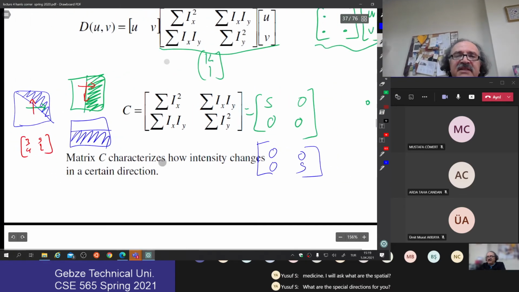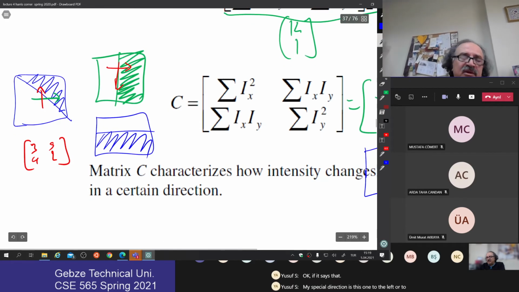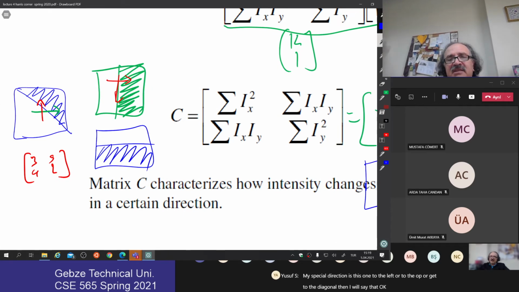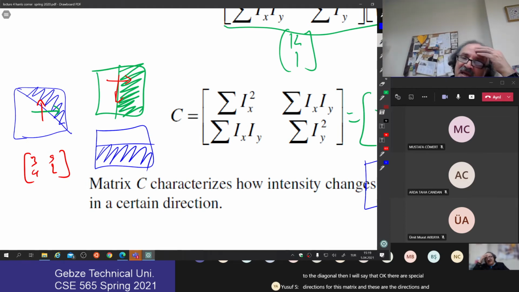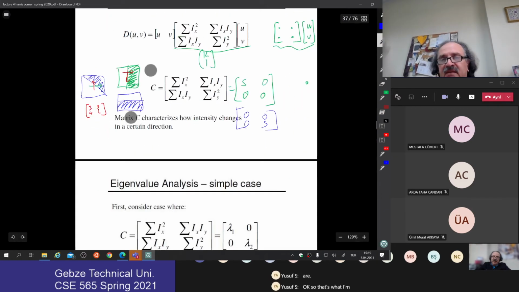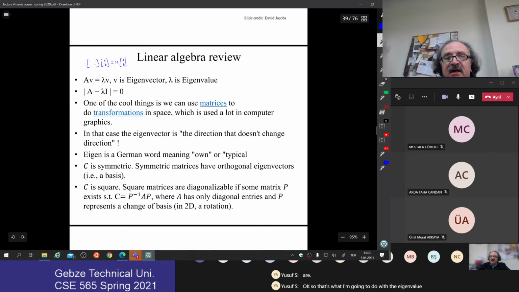If it says that my special direction is this one, to the left or up, to the diagonal, then I will say that there are special directions for this matrix, and these are the directions, and that's what I'm expecting my edge directions and corner directions are. So that's what I'm going to do with the eigenvalue analysis.